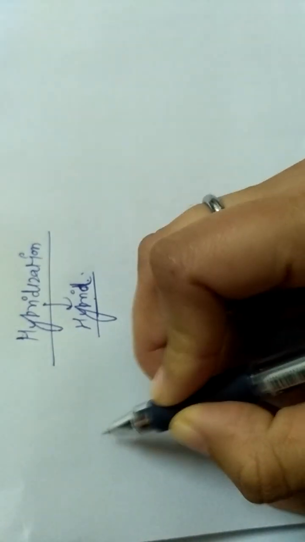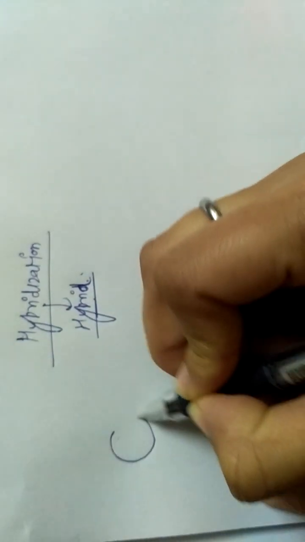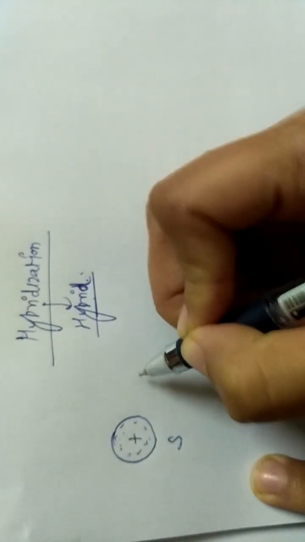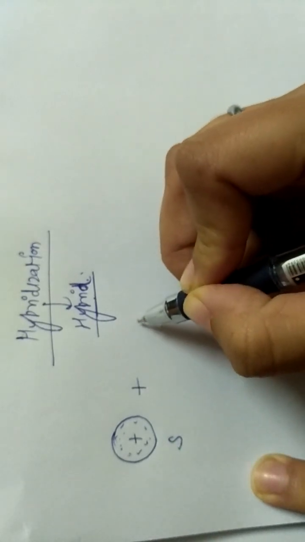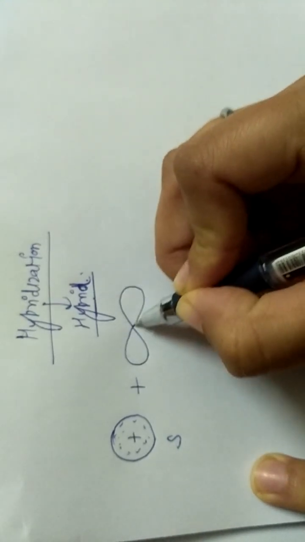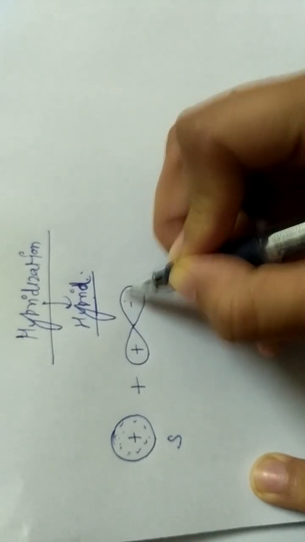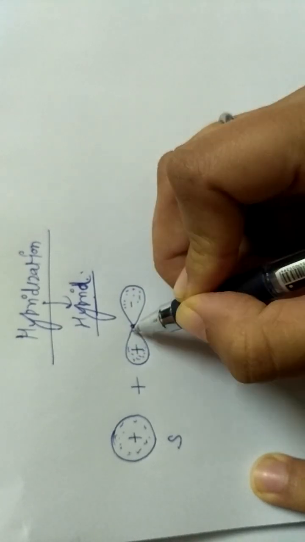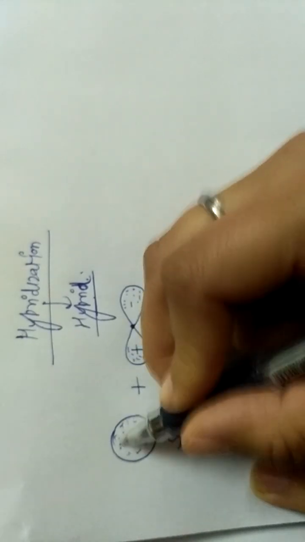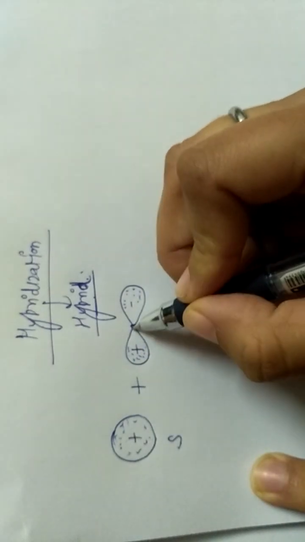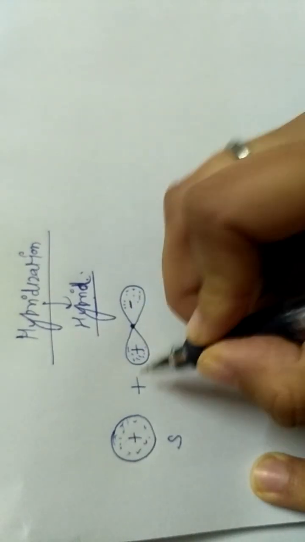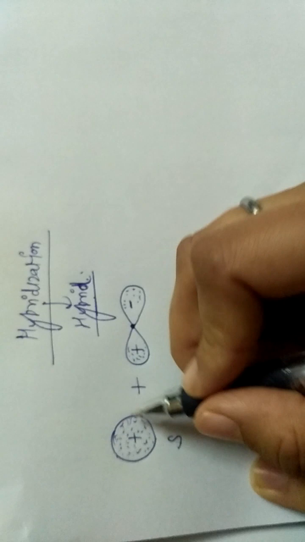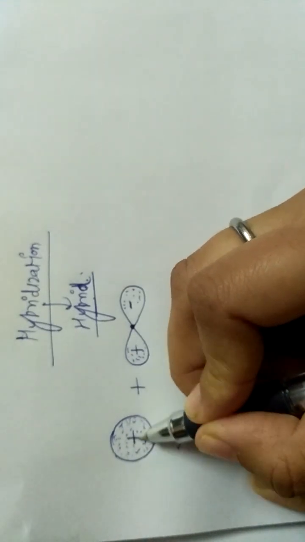So if we have two orbitals, that is the s orbital, that is spherical in shape, and the p orbital having dumbbell shape. As we know, the s orbital is spherical like a sphere, and in the s orbital the electron density is distributed in the whole of the sphere, similar everywhere.